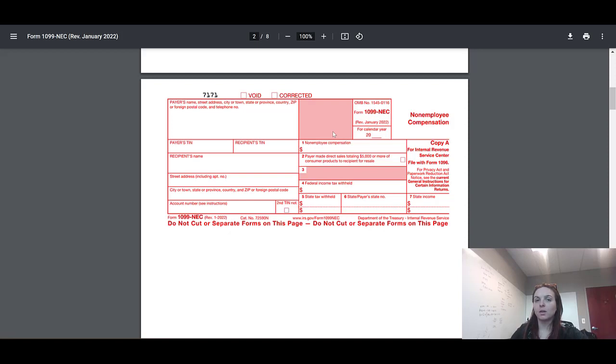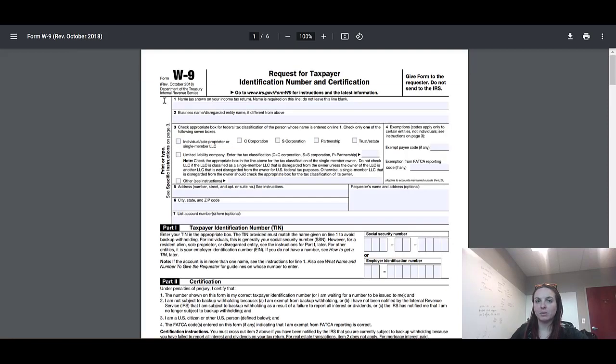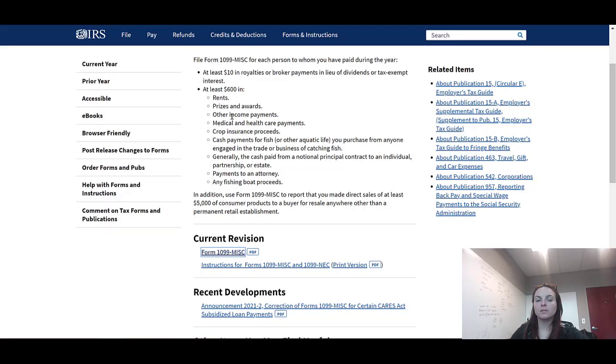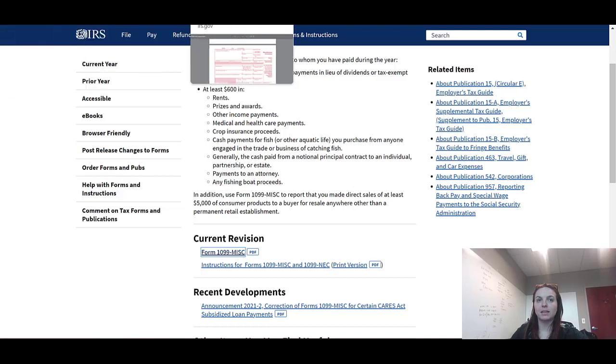If you have done that and they're not subject to a 1099-K, which I'll get to in a minute, you need to have a W-9 form on file for them. Same thing with the 1099 miscellaneous. If you meet any of these, you need to get a W-9 form on file, and they may need to have a 1099 miscellaneous.